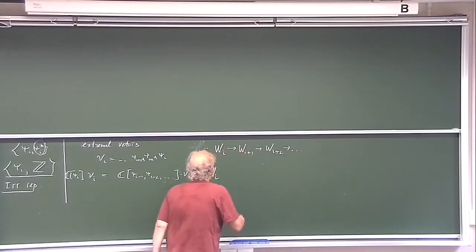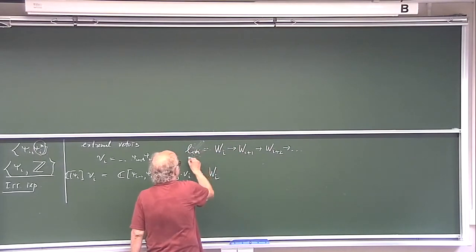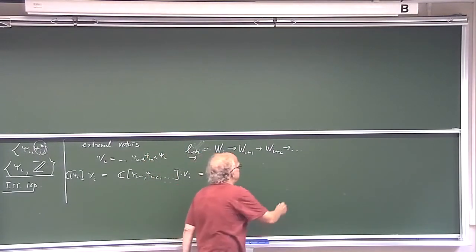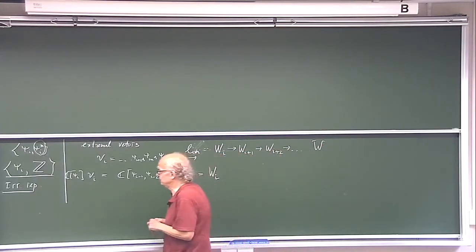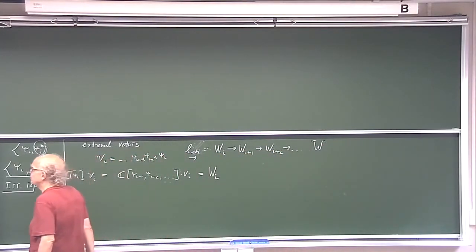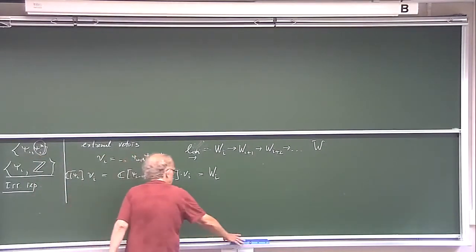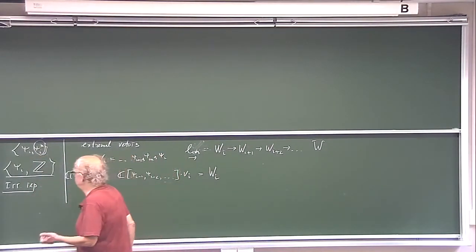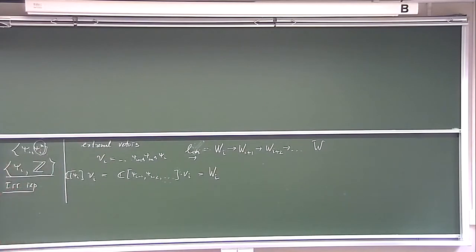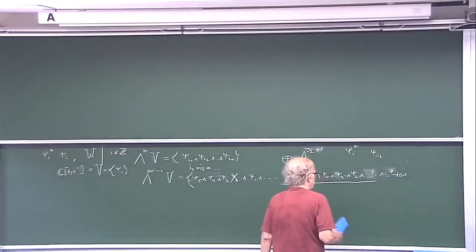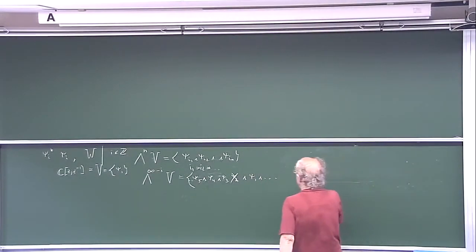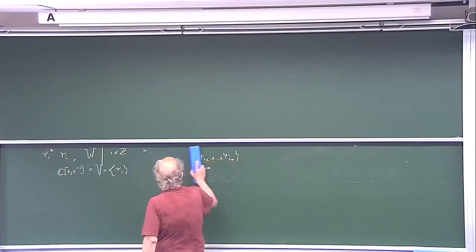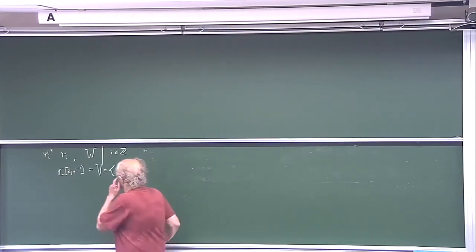And in the limit this is just my space W. So from this point, it is just a different way to say what I formulated yesterday, but let us go to the next example.